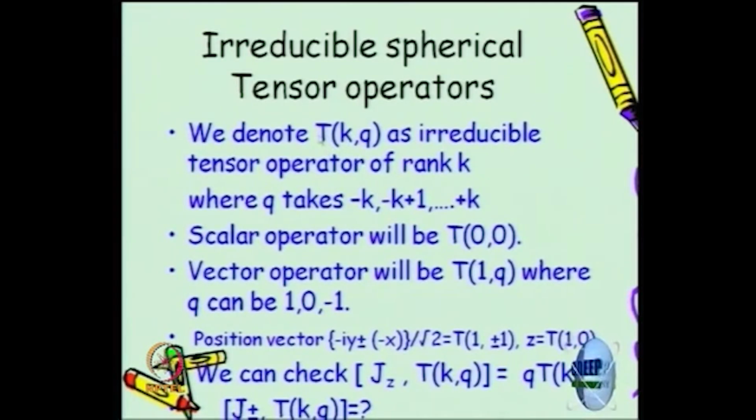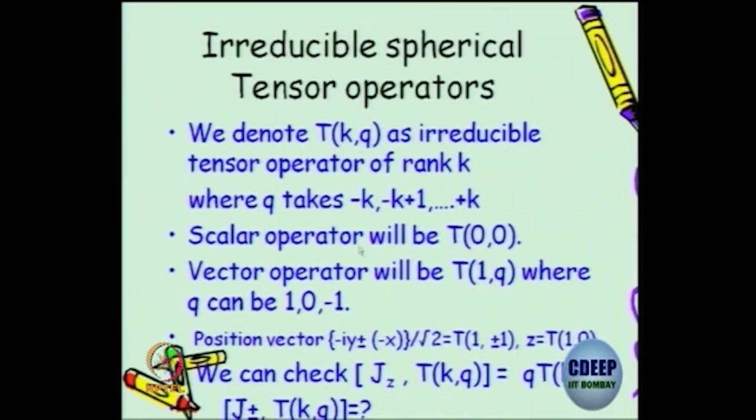So we write T in brackets, we have two integers or half odd integers, because operators are always going to be integers. So k is always a positive integer that gives you the rank, and q, just like your angular momentum, runs from minus j to plus j. Q is restricted to take values from minus k to plus k. All operators with integer k, which I will call a tensor operator of rank k, and the q will take possibilities from k to minus k in steps of 1.